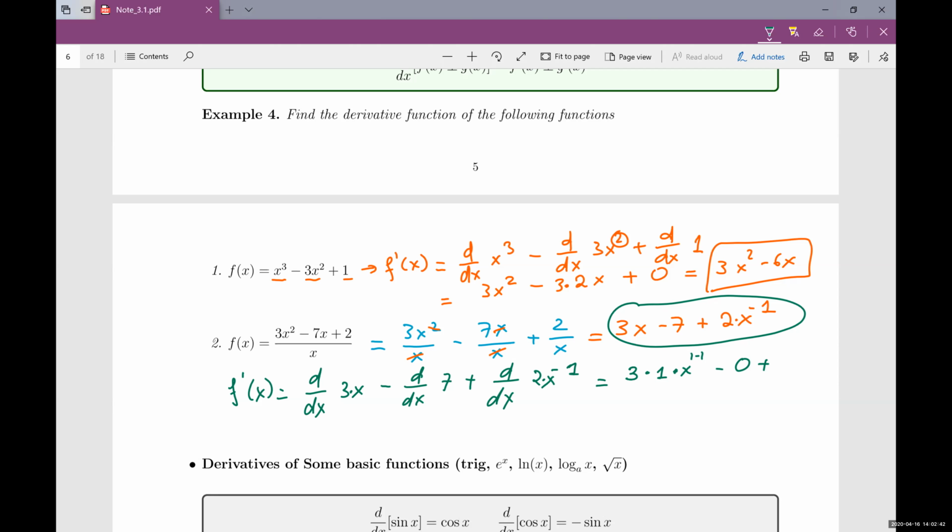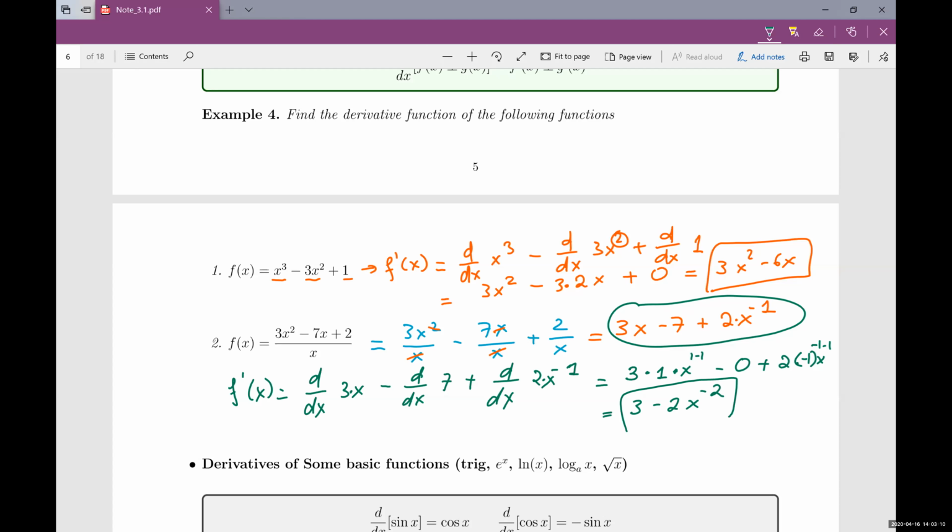You use the constant multiple rule, 2 times x. This is a power, so you bring the power down, and x to the -1 minus 1. Okay, so 3 times x to the 0, which is 1, so it's going to be 3 minus 0 plus 2 times -1 is -2, x to the -1 minus 1 is going to be -2.